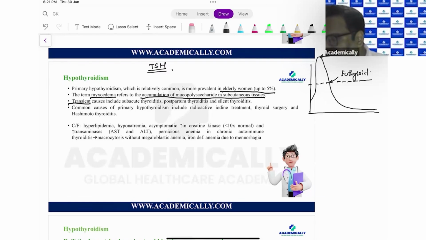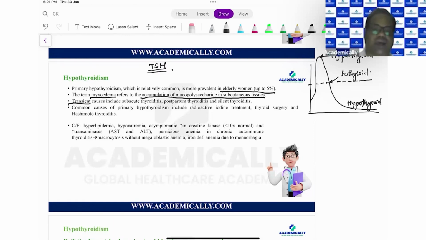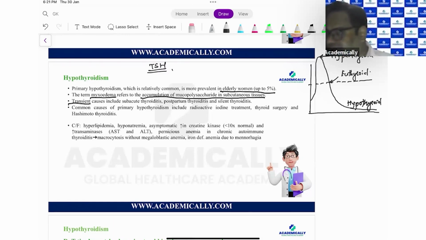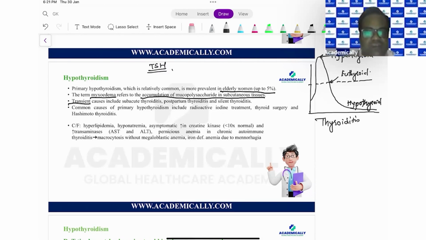This is when they are hyperthyroid. And this is when they are hypothyroid. So in most cases of thyroiditis, you will see a small phase of hyperthyroidism, a phase of euthyroidism, and a long phase of hypothyroidism.